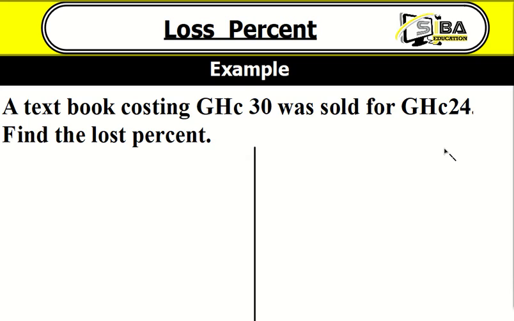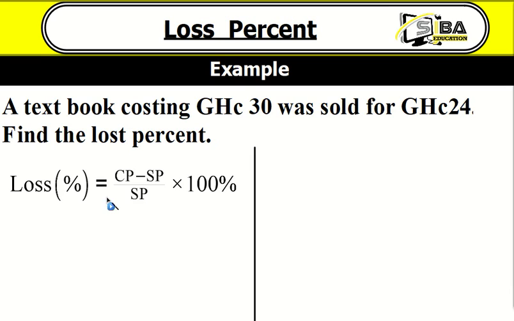So let's take another question, which is a textbook costing 30 cedis was sold for 24 Ghana cedis. Find the loss percent. Now, to find the loss percent, the first thing for us to do is to find the loss. So loss percent is the cost price minus selling price, divided by the cost price and not the selling price.